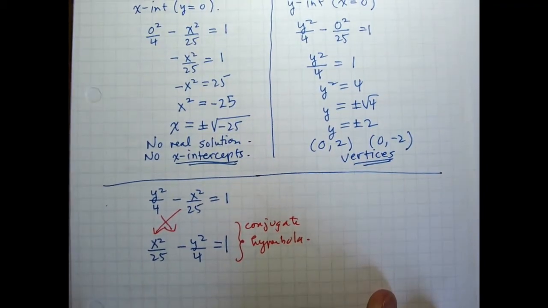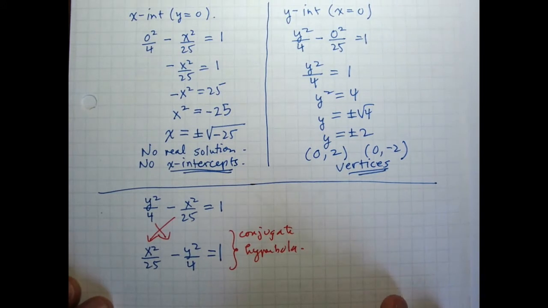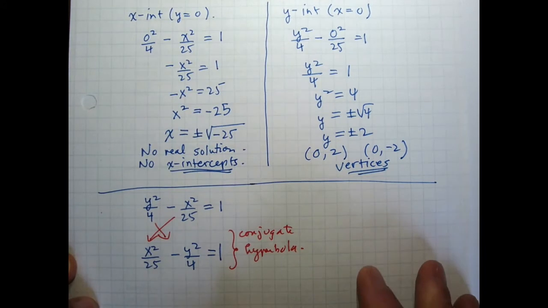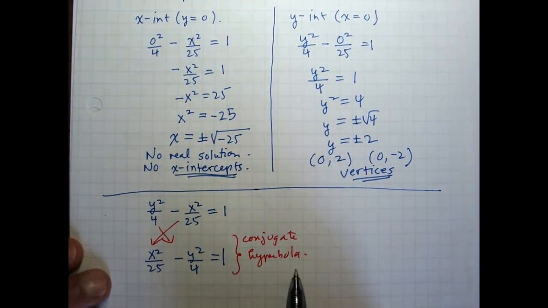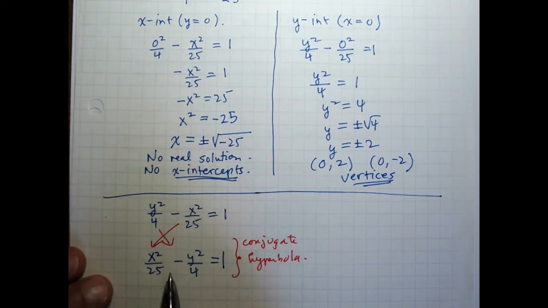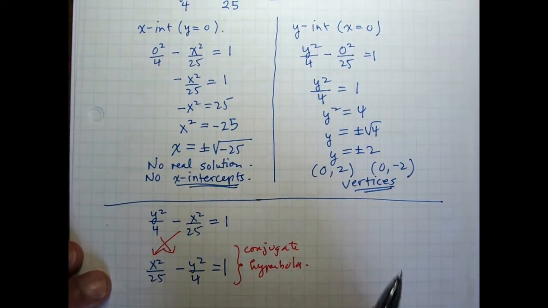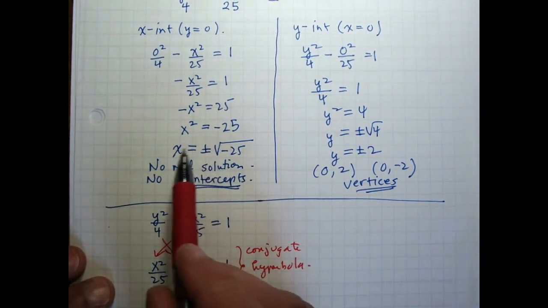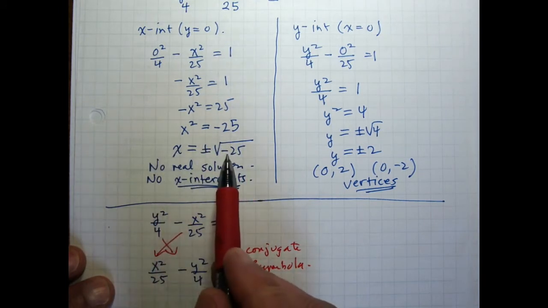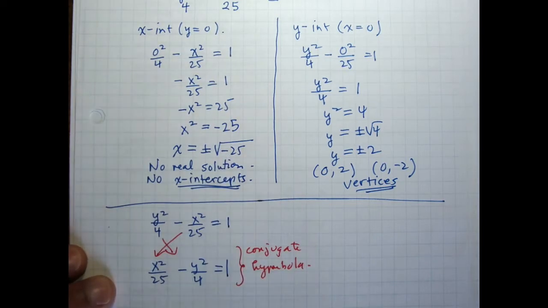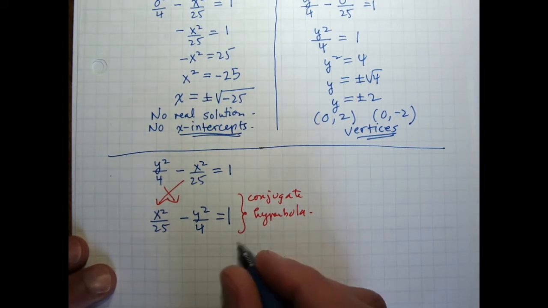And its vertices are going to be helpful for drawing that central rectangle. And we need the central rectangle to be able to draw the asymptotes. Now, the vertices here on the conjugate hyperbola, I think you can see, are going to be the same as what would have happened back on the original hyperbola if we had a positive 25 instead of a negative 25. So if you can see that idea, you don't have to write out all the steps.